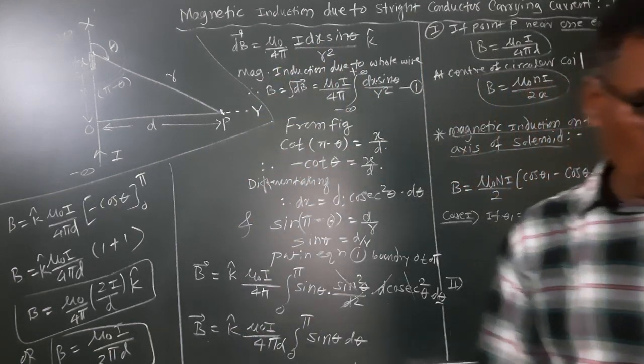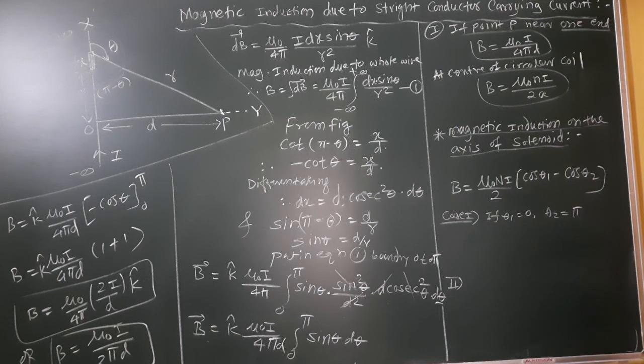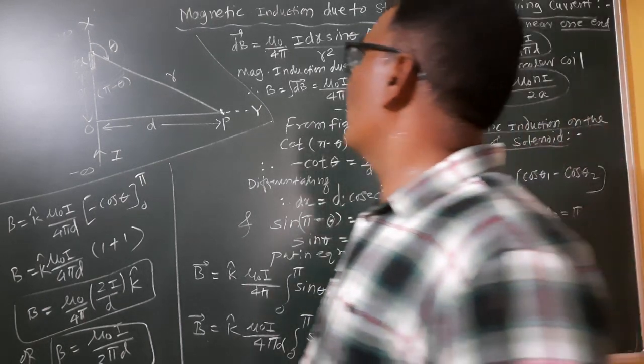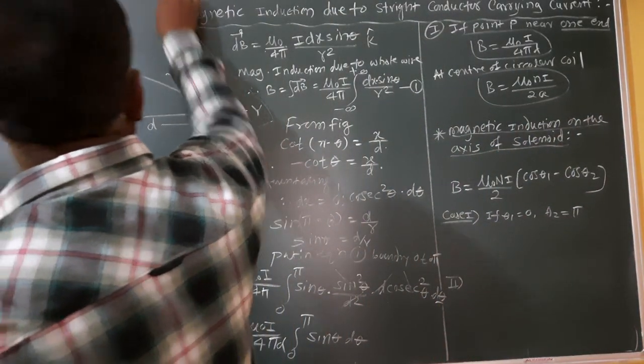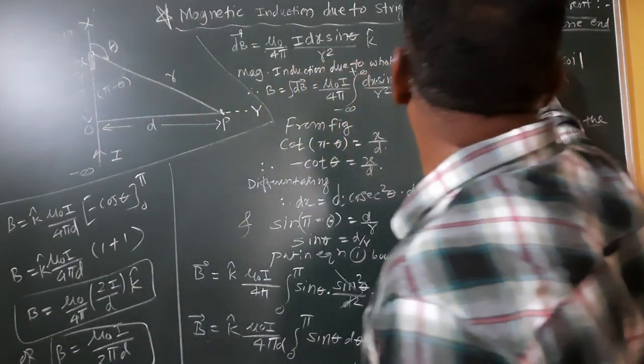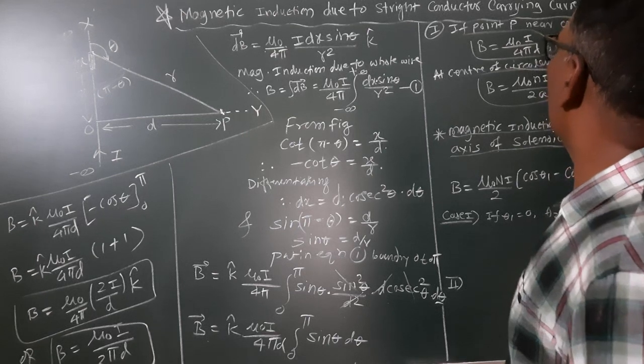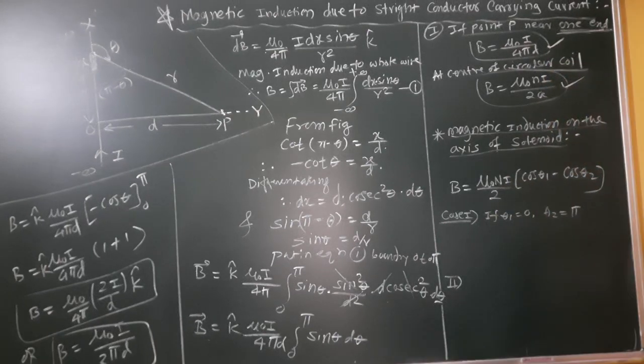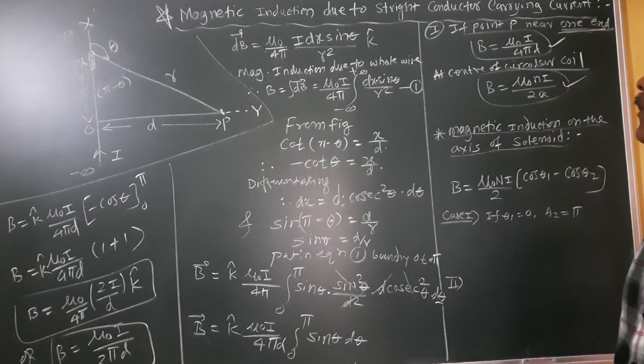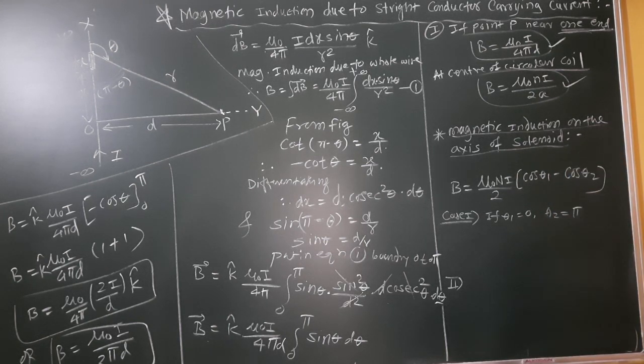This is one more formula for magnetic induction. Remember, all these formulas are very important for the magnetic induction of a straight conductor and circular coil. This is for the circular coil, and near one end the magnetic field is mu 0 I upon 4 pi d. Remember the formulas; a multiple choice question may be asked on that.